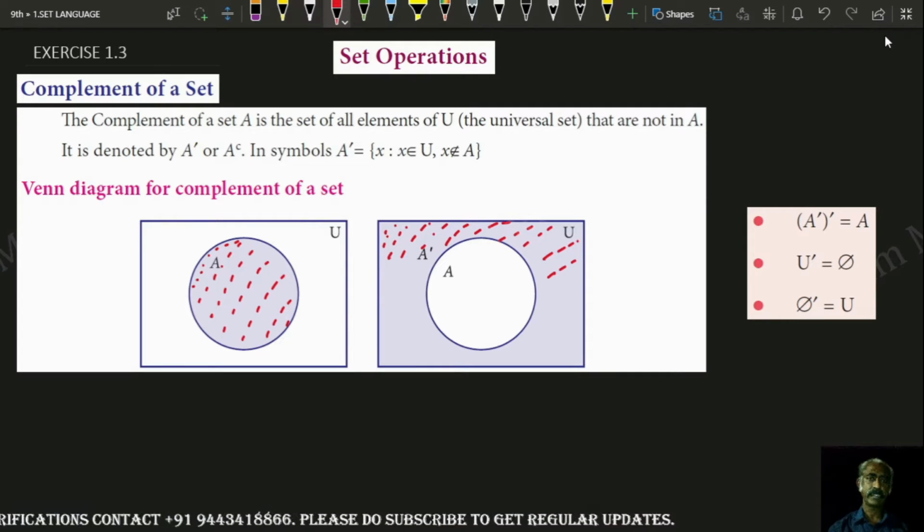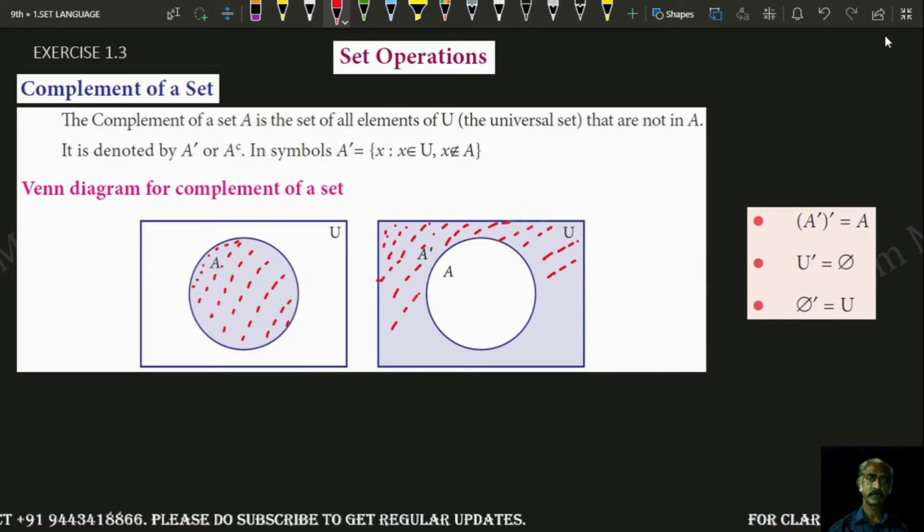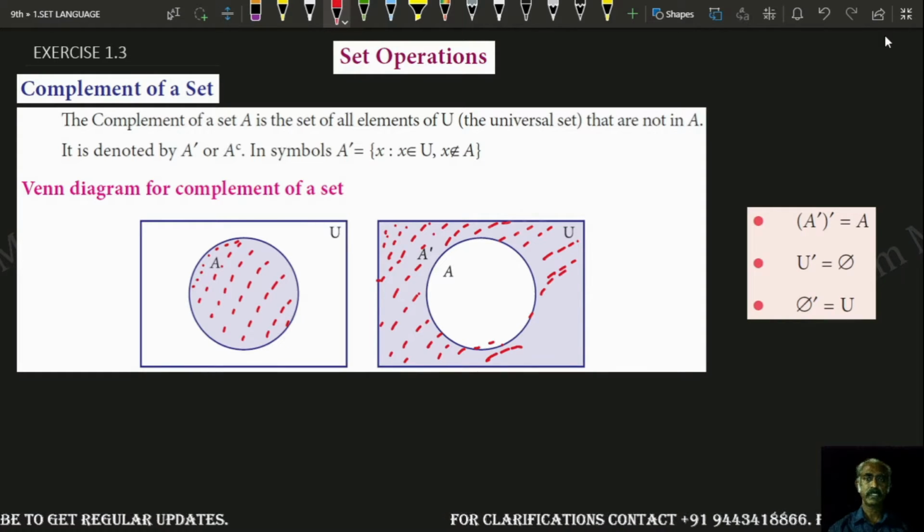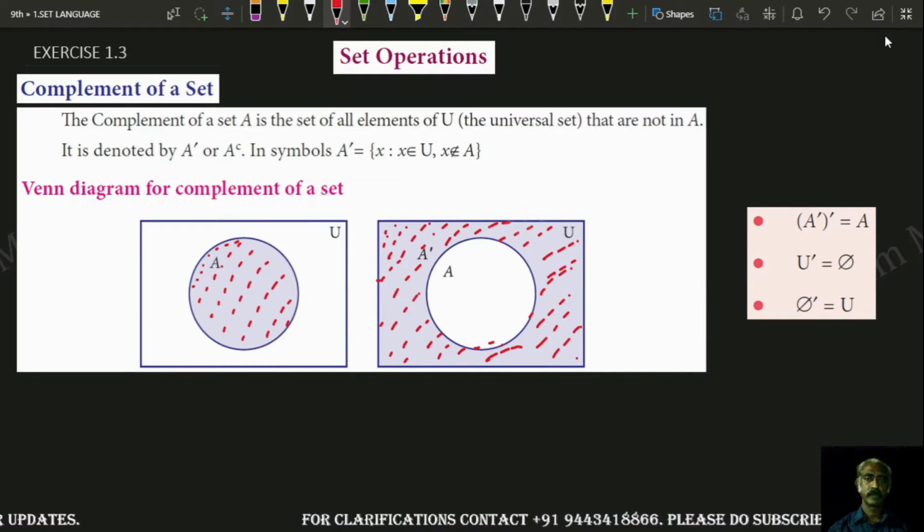Here U indicates the universal set. Not within the circle, only outside the circle.